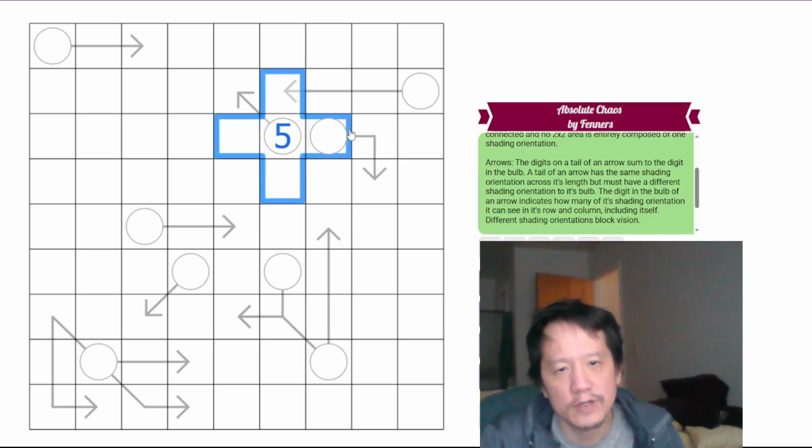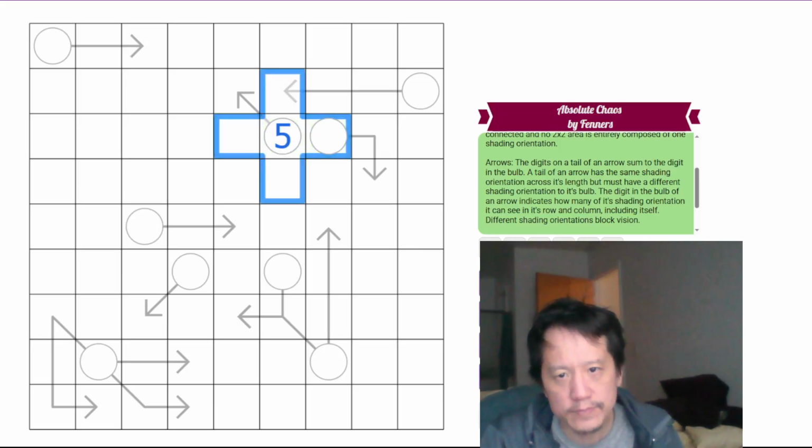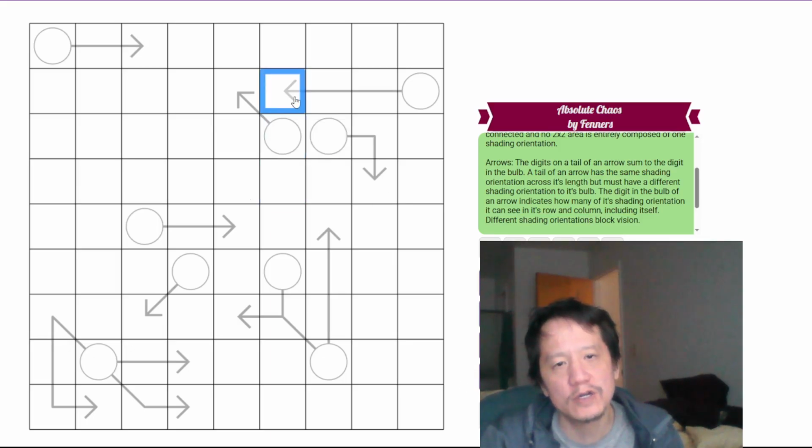That's important. It would see that horizontally and vertically, including itself. So that's how the bulbs and arrows work.